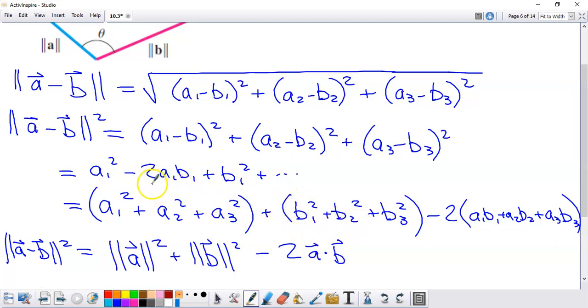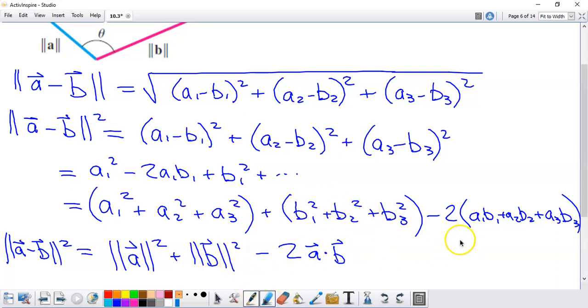And then I'm going to have these pieces at the end. They're all going to have minus 2s for the coefficients, and then I'm going to have a1, b1, another one that has a2, b2, and then another one that has a3, b3. If I factor out that common coefficient of negative 2, then I just have a1 b1, a2 b2, a3 b3 summed inside that last set of parentheses.